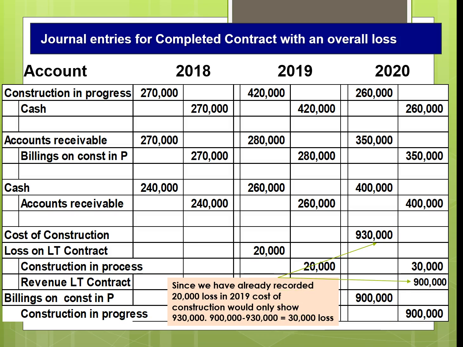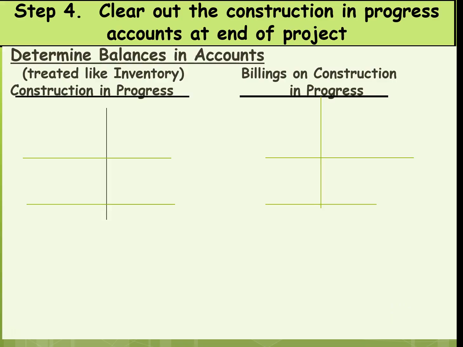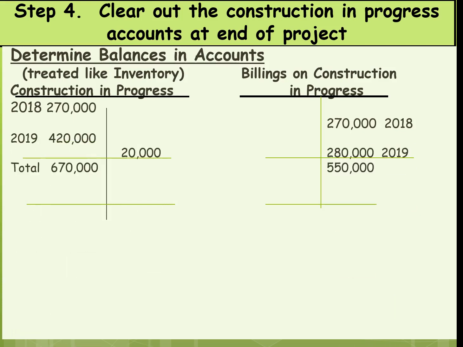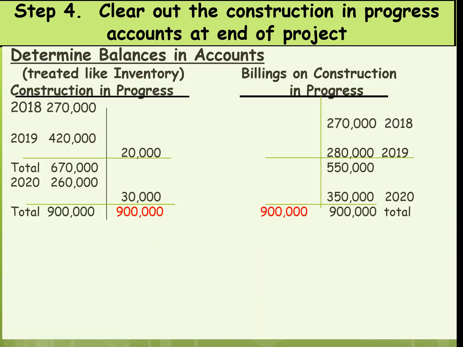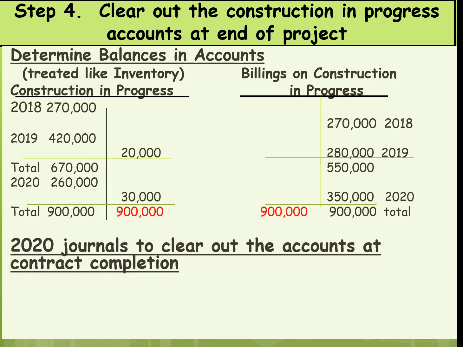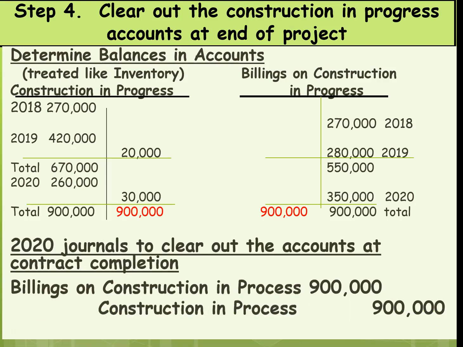Now let's look at this in terms of T accounts. We're going to determine the balances. Again, we would have our 270 and our 30, which makes each account equal 900,000. And then, of course, we'd have our journal to clear the accounts out.